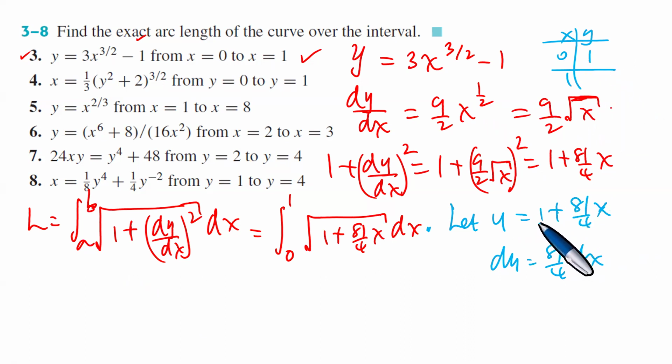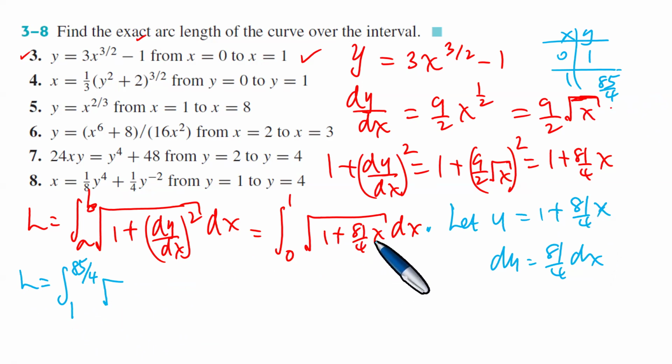If you put x equals 1, then u is going to be exactly 85 out of 4, which is the integral from 1 to 85 out of 4.